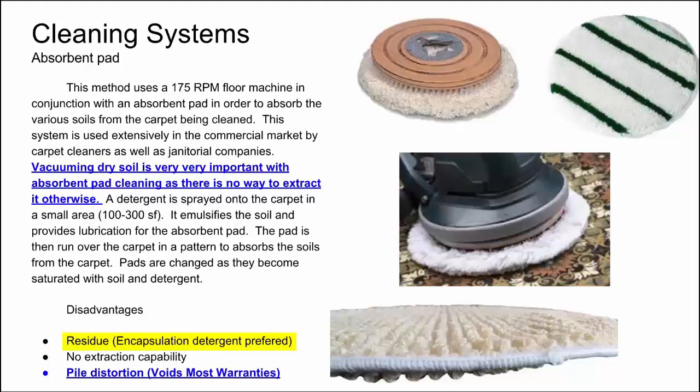It's going to coat the fibers and give it kind of a protection. Not really a protection, but it is going to help to shed any soils that may come in contact. Most of that crystalline detergent is going to break loose when the consumer's vacuuming, but there's going to be a certain amount that's left behind. Again, no extraction capability. You're not extracting soil, you're absorbing soil.